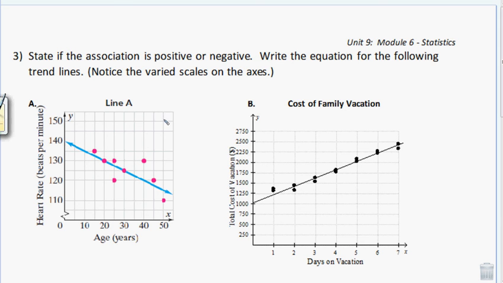To me, it looks like the y-intercept is at 140, and I'm going to choose that point because I can clearly see it. It's at 20, 130, and I guess I'll choose this point, which is at 30, 125.